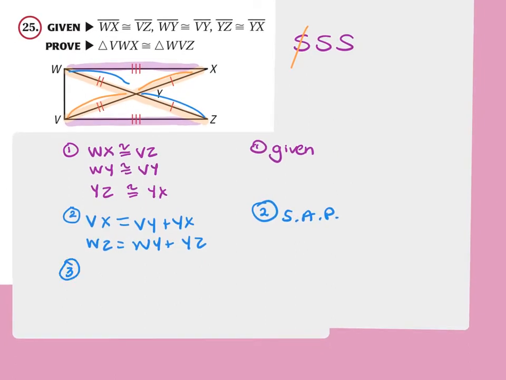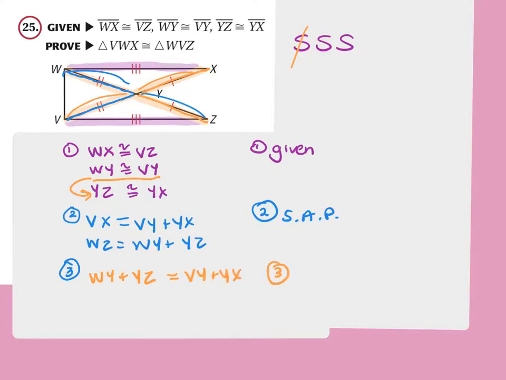I said that WY equals VY and that YX equals YZ, but I have to take them and add them together. So I can take this statement here and add it to that statement there. So WY plus YZ equals VY plus YX.